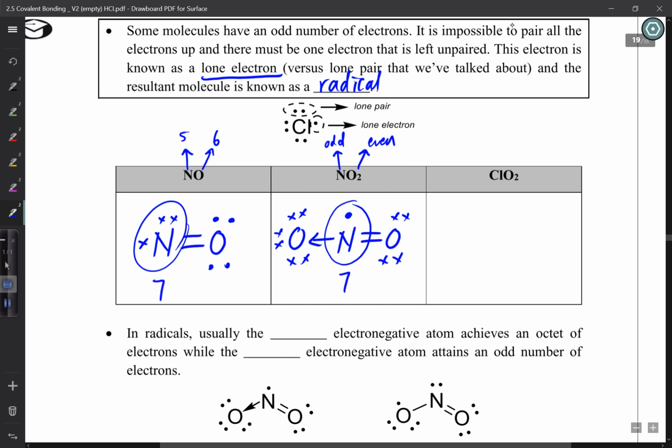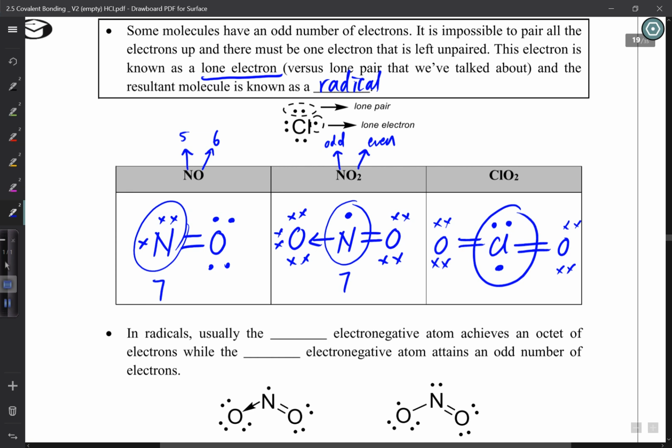Then what about ClO2? So Cl is in the center, with oxygen, oxygen. Oxygen, we know, contains a double bond, double bond. So this chlorine is from group 7. 7 minus 4 will give you 3. In other words, it has 3 electrons which are untouched, basically. So how many electrons are around the chlorine?